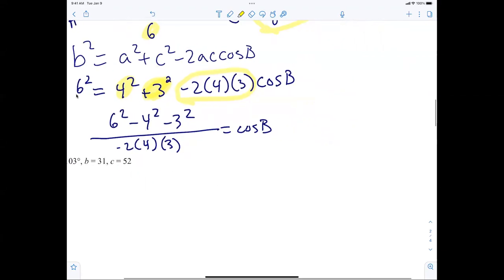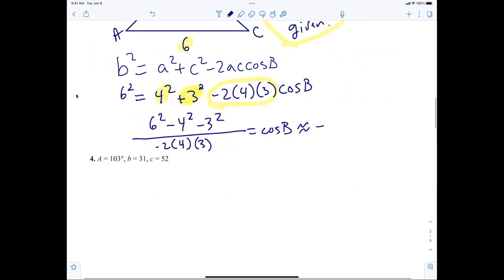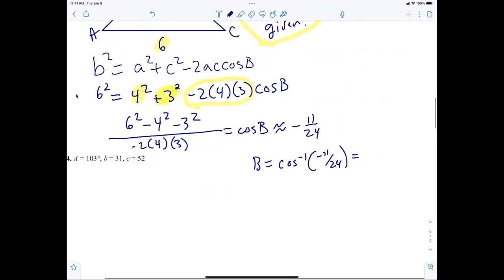That gives you cosine B is approximately negative 11 over 24. And then I just do inverse cosine of that. And that's how many degrees?